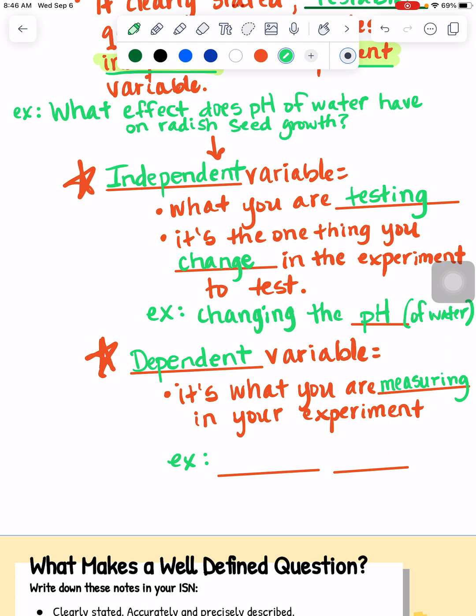So if we go back up to our well-defined question, we said the pH of the water is what we're testing. It says, what does the effect of the pH of water have on radish seed growth? So what are we going to measure? We're going to measure the plant growth, or you could say radish seed growth. The radish seeds are the plant. So I just wrote that in parentheses underneath.